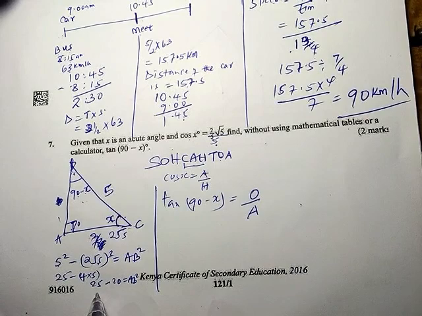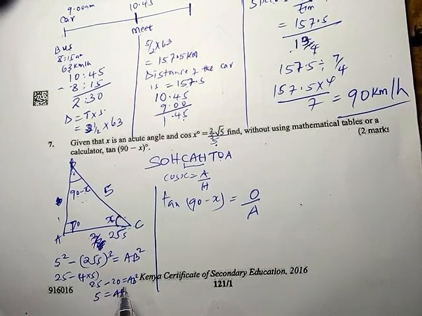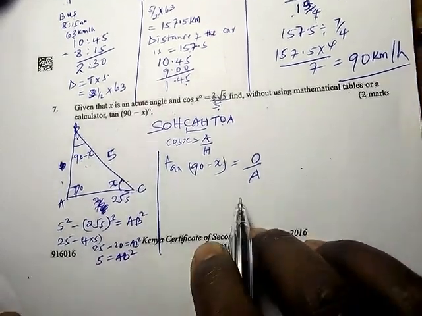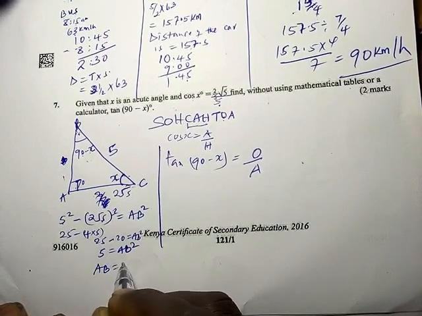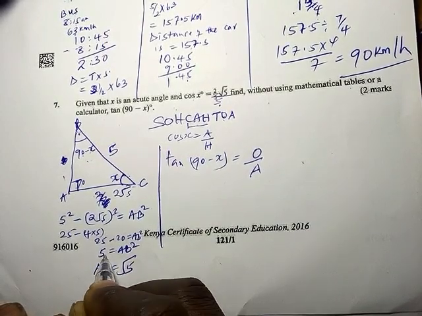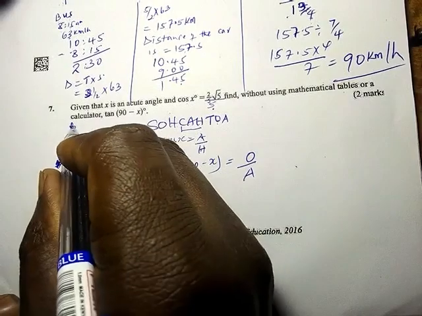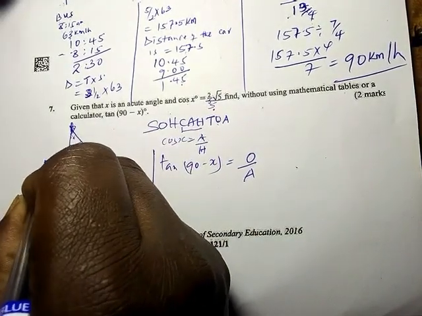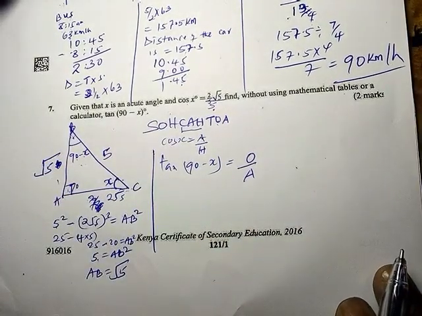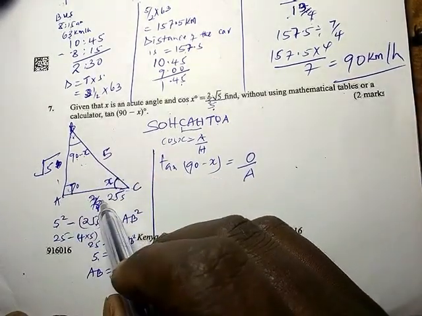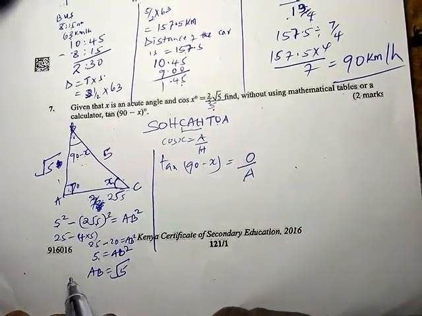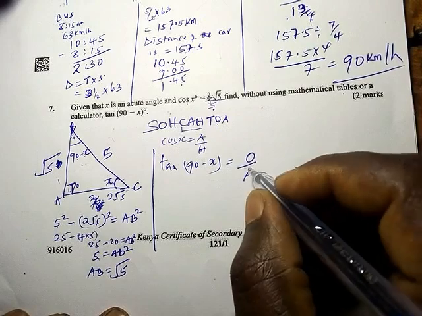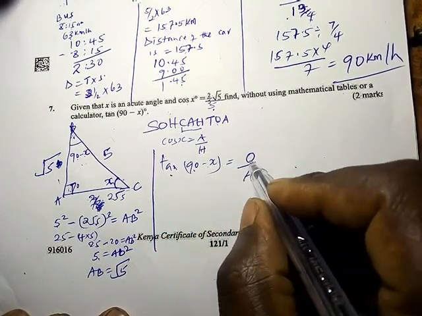So 5 is equal to AB squared. To get AB, it is the square root of 5, right? So from here up to here is root 5. By doing this, you have shown that you did not use a calculator. Now we want tan of 90 minus x, which is opposite over adjacent.